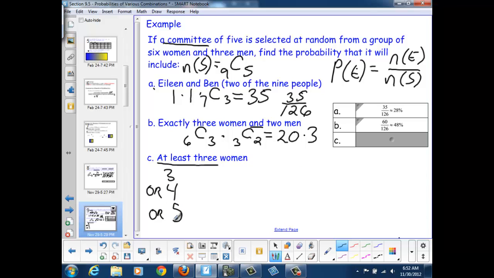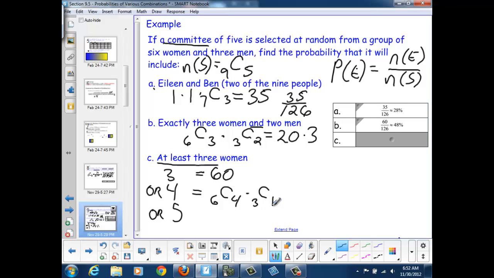So we've already calculated what it would mean to have 3 women from option B, and that was 60. To calculate 4 women, I would have to use 6C4 and then multiply that by 3C1 to fill that remaining slot of the 5 with 1 man.